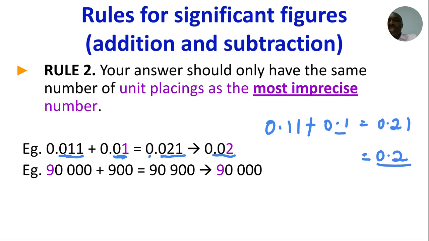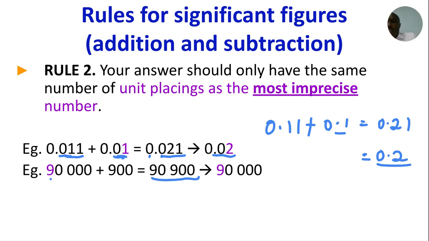Then we have numbers, for example, 90,000 plus 900. In this case, we don't have decimals, or we don't have points in our numbers. And in this case, one using his calculator may get 90900 as his answer. But now, you look at how many significant figures are in the numbers you're adding, and we consider the least number of significant figures.